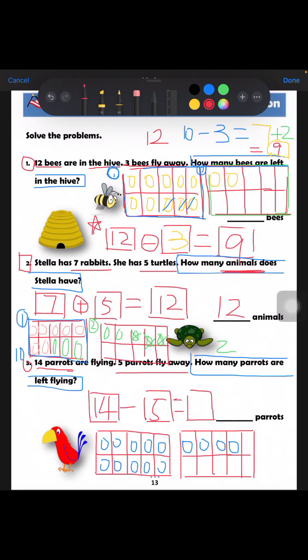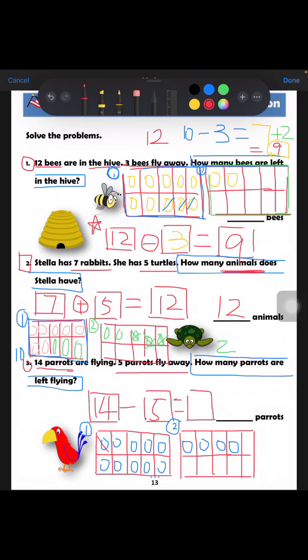Here below we draw 2 10-frame sets, the first one and the second one. There are a total of 14 circles. And now we need to take away 5 circles. Which set can take away 5 circles? The first one or the second one? Yes, it should be the first one because there are 10 circles.